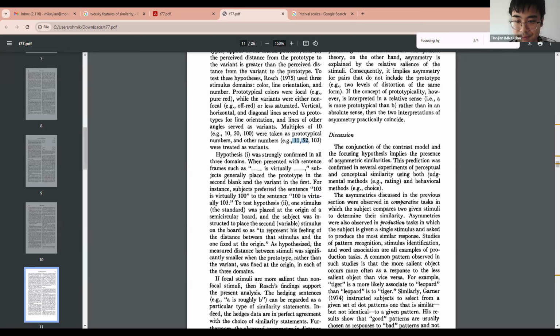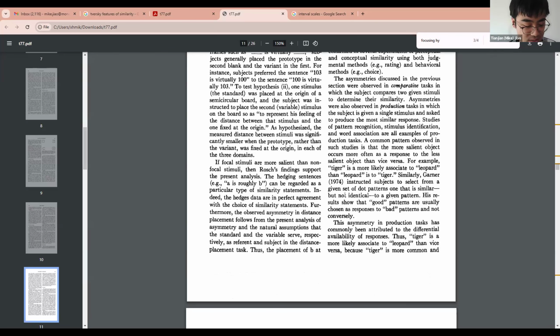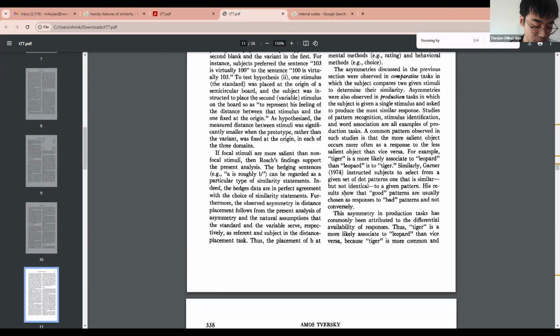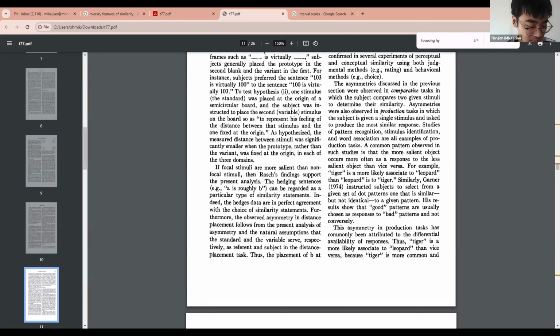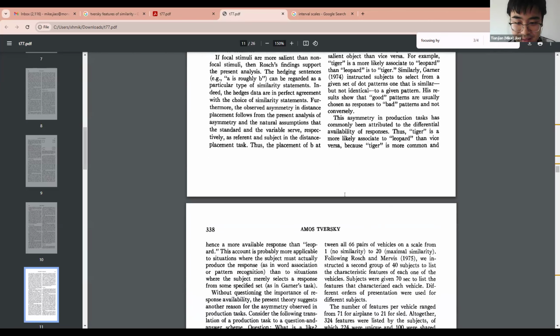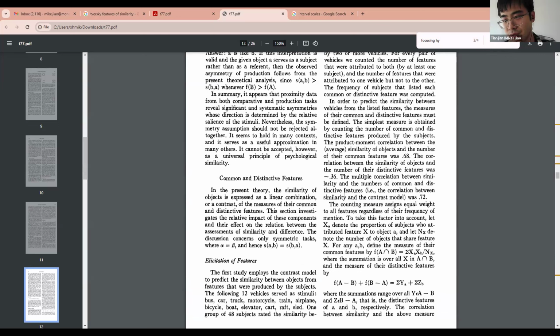Great. So I have hopefully showcased a lot about the asymmetry aspect of these similarity judgments. We're going to move on to something a bit more tricky. We'll start with the elicitation of features. What does that mean? In the contrast model, it's all about matching features with one another, right?